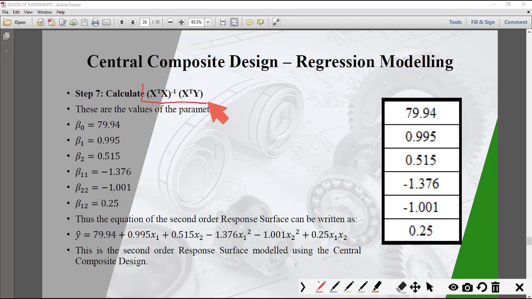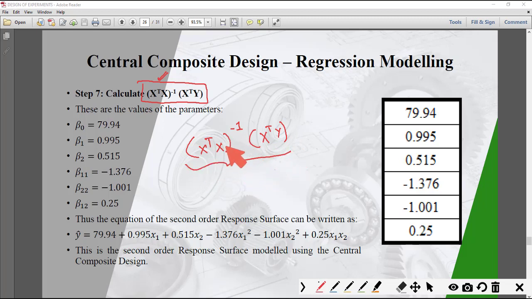This is the final value that you have to calculate to find out the equation of your second order response surface: the transpose of X into X, inverse of this, into the transpose of X into Y.